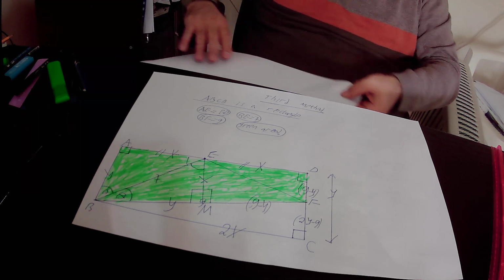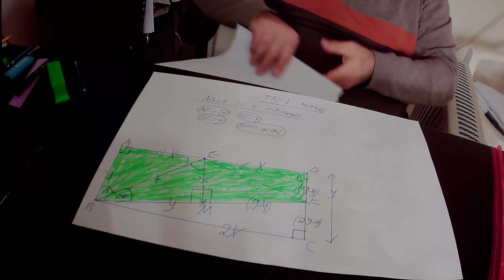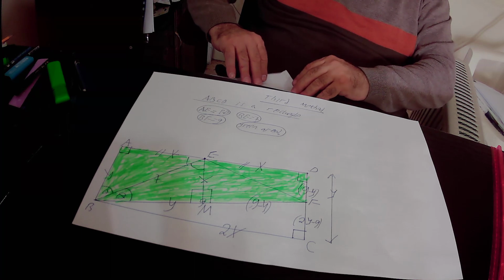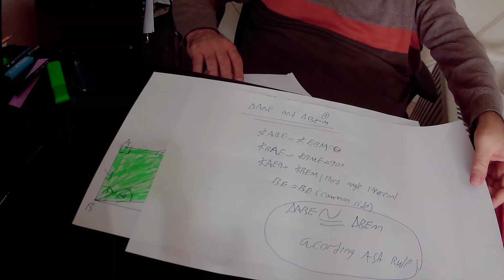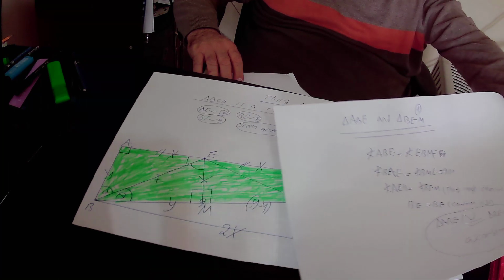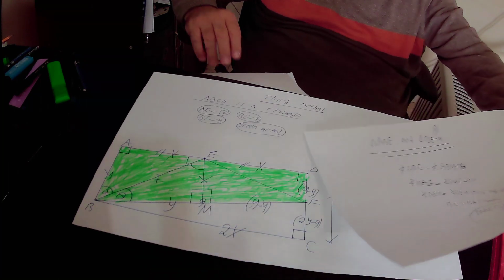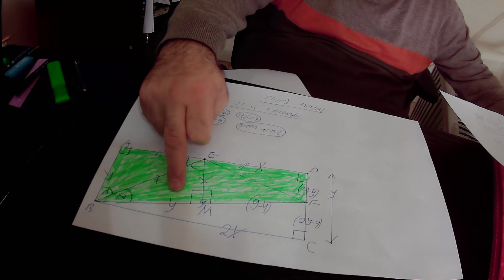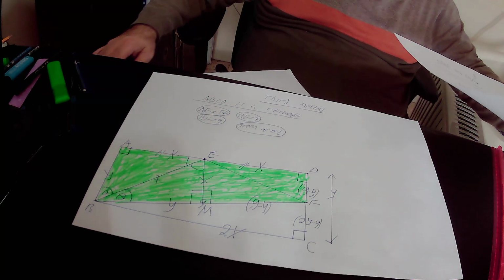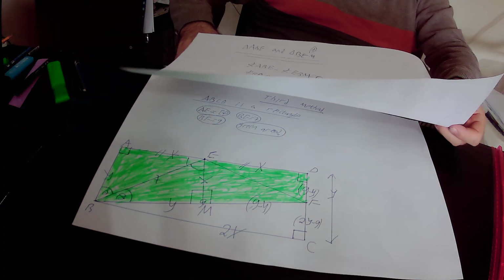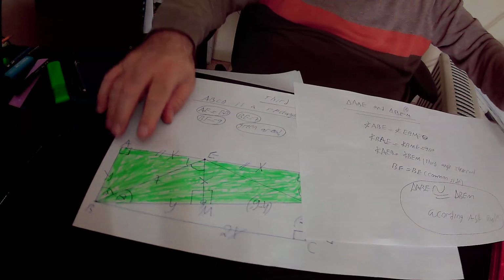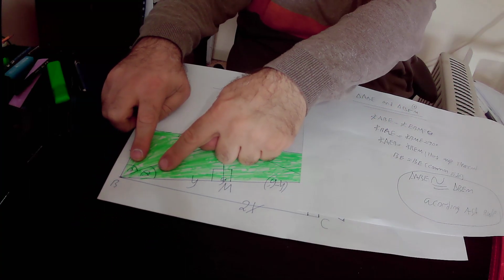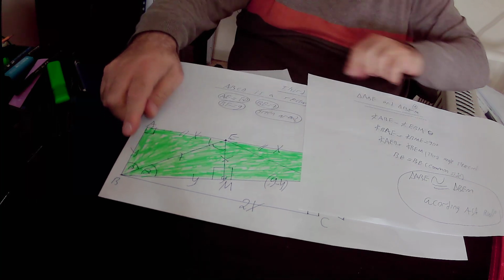Okay, so we actually proved the triangle ABE is congruent to triangle BEM. Why are they congruent to each other? Because we have angle ABE equals angle EBM equals theta. Those two angles are both equal to theta, so they are equal to each other.